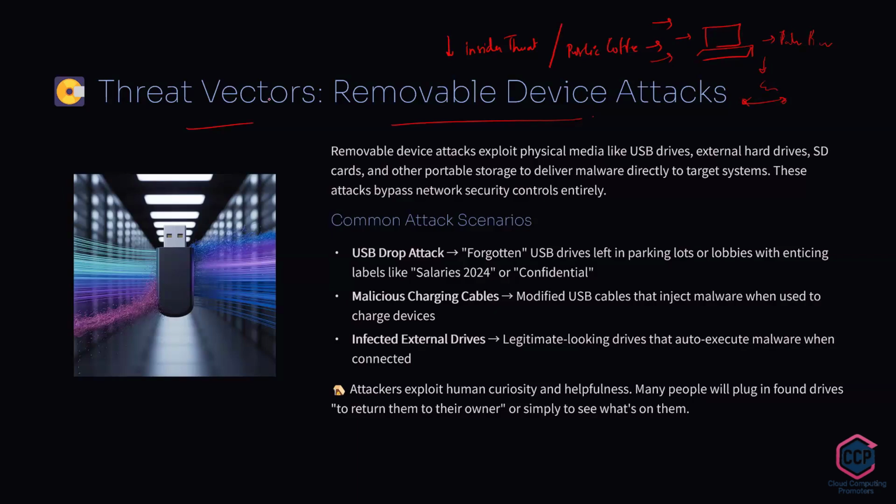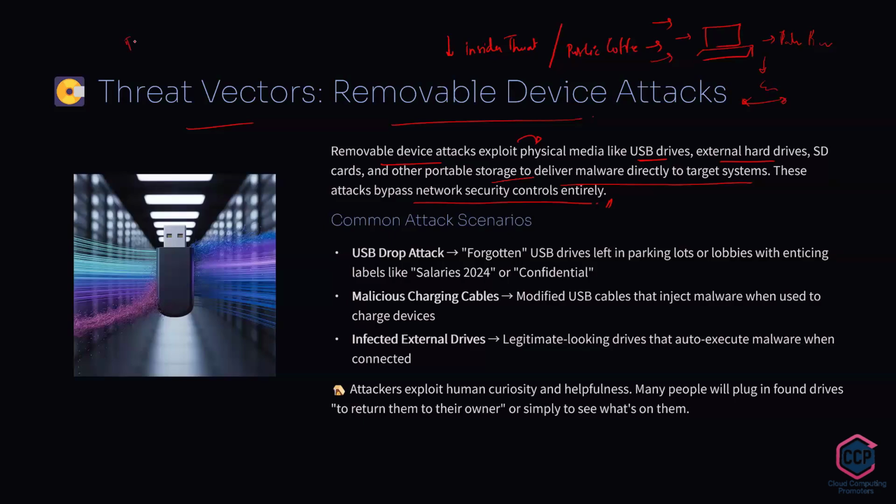Now, a removable device attack exploits physical media like USB, external hard drives, SD cards, and other portable storage devices to deliver malware directly to the target system. These attackers bypass network security controls entirely. What is network security control?